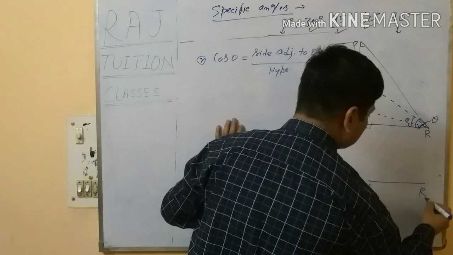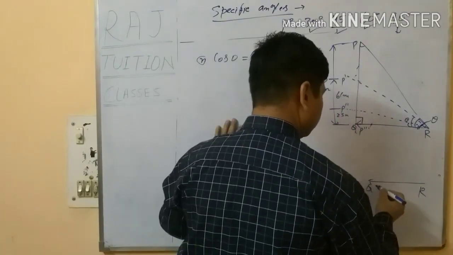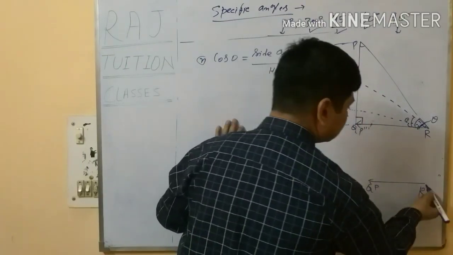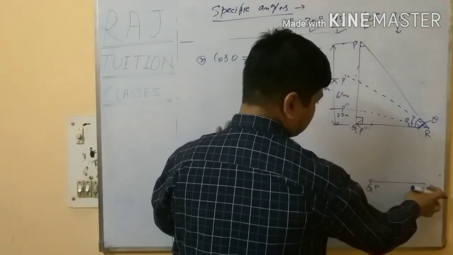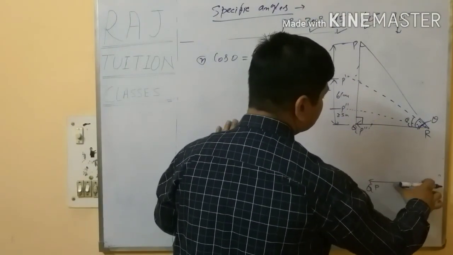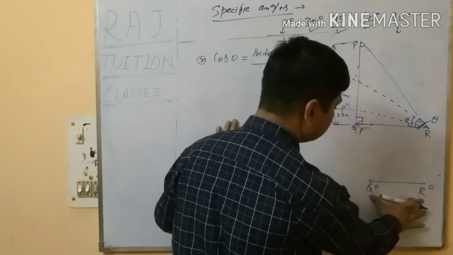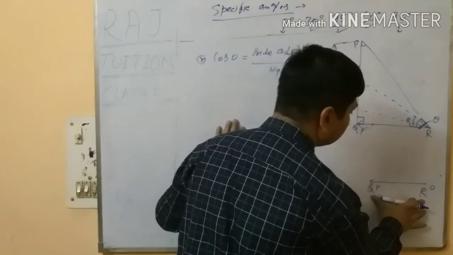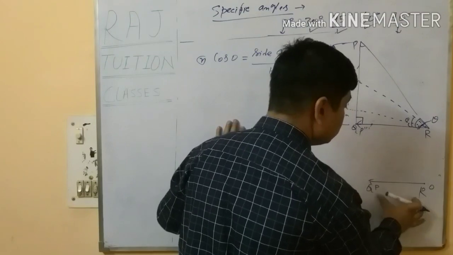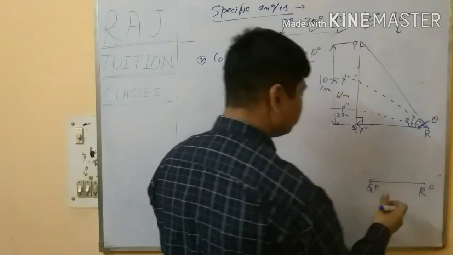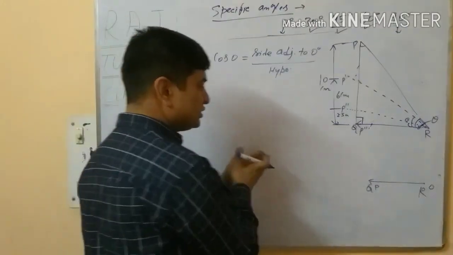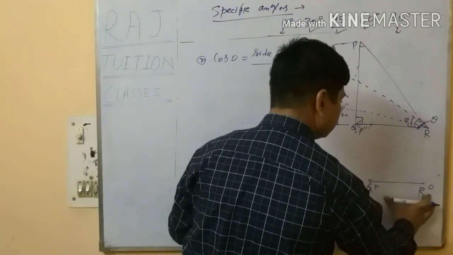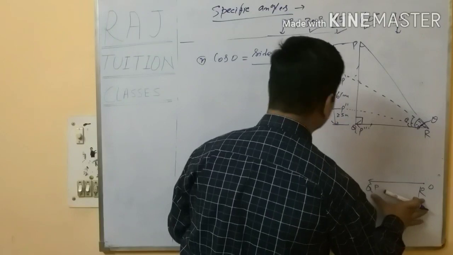It is QR, and P is also here, and there is an angle of 0 degree. So side adjacent to 0 degree you can take as QP, QR or PR, because both the sides are now overlapping each other. So side adjacent to 0 degree is QR.